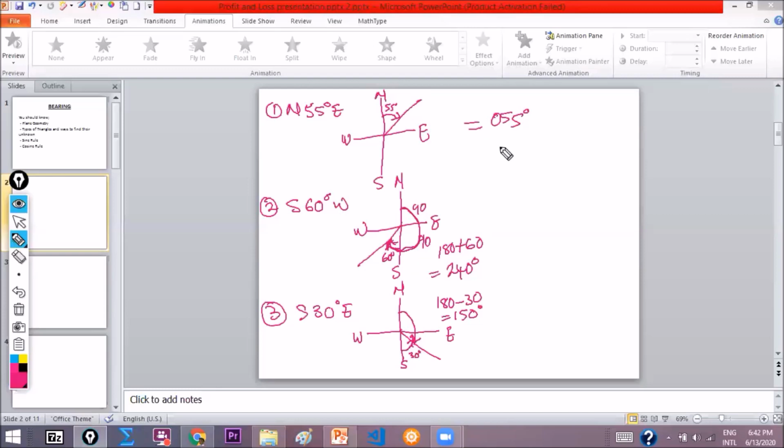All right, now let's try this one. You have north 50 degrees west. Let's try this. Please, the person on the Infinix Hot 5, can you give us the answer to this?